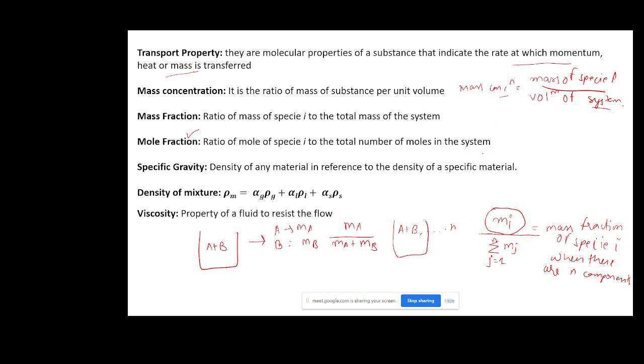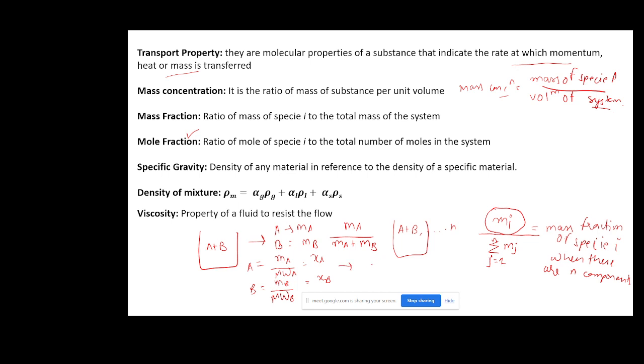For example, in the same system of A and B, suppose Ma and Mb are the masses of A and B respectively. Then for A, the number of moles will be mass of A divided by molecular weight of A, and for B it is Mb by Mwb, which are represented as, let's say, Xa and Xb.